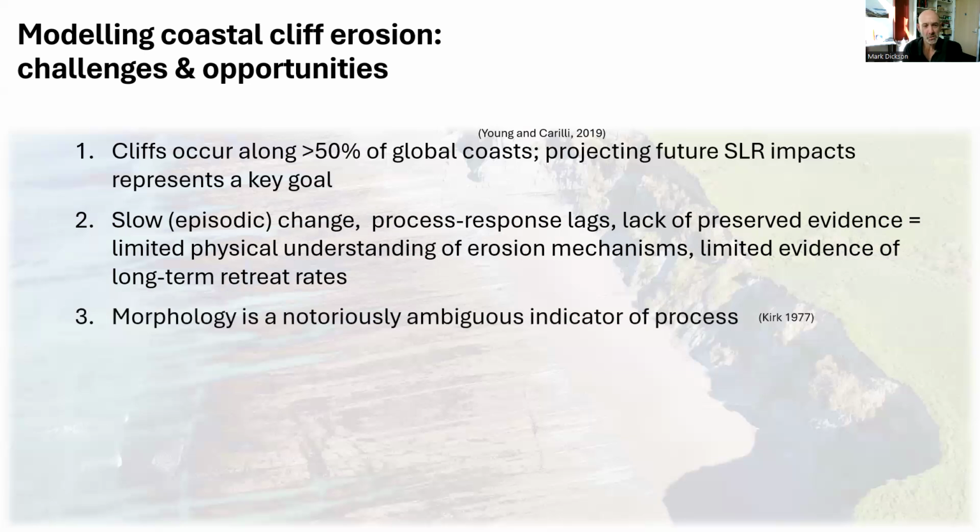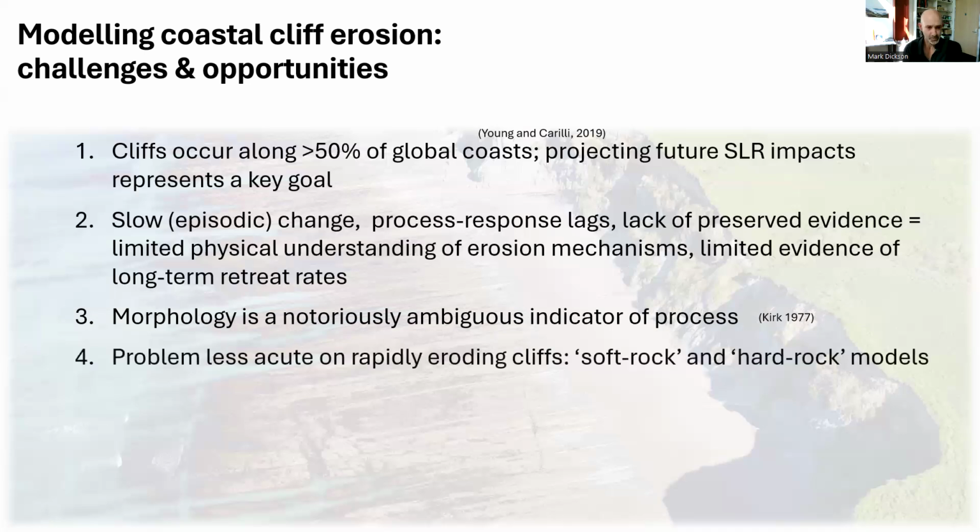And this is problematic because we know that the morphology of the cliffs and the shore platforms is an ambiguous indicator of the processes that have created those forms. As we'll see later in the talk, equifinality is a problem. Bob Kirk noted this difficult issue around morphology being an ambiguous indicator of process almost 50 years ago now.